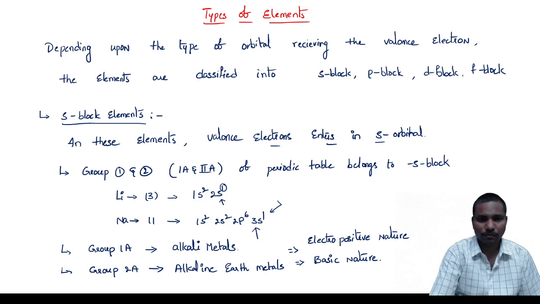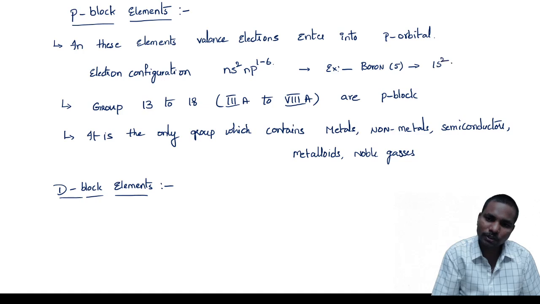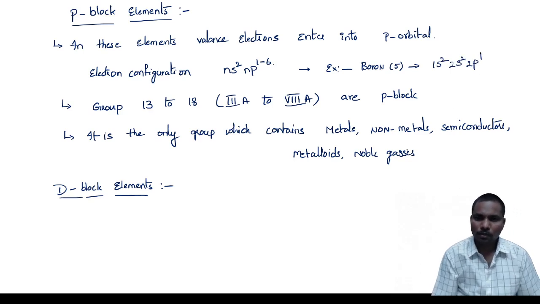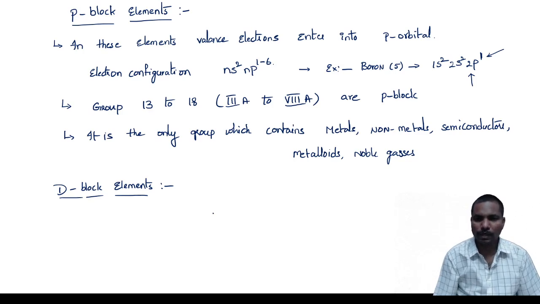Atomic number is 5. So what is the configuration? 1s2, 2s2, 2p1. The outermost orbit is 2. What is the valence electron here? The valence electron enters into the p orbital. So that belongs to p block.